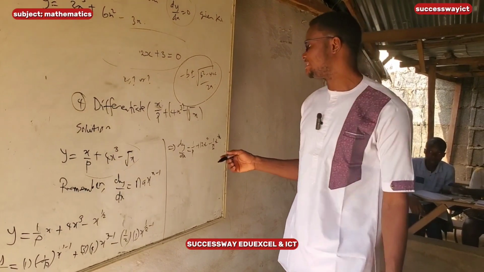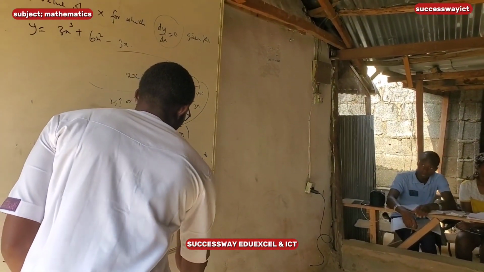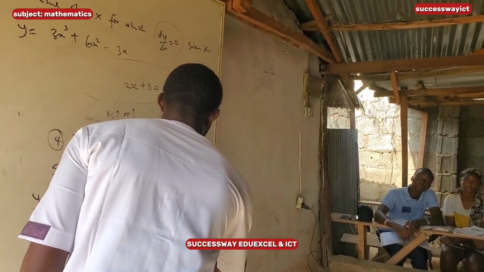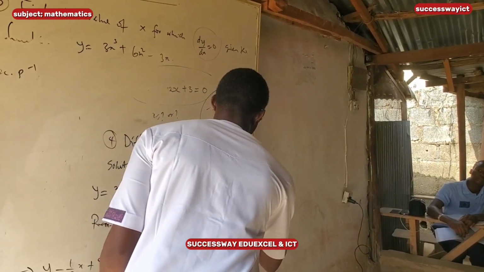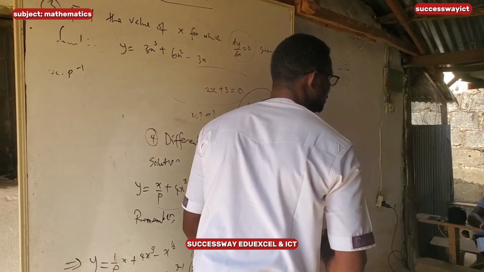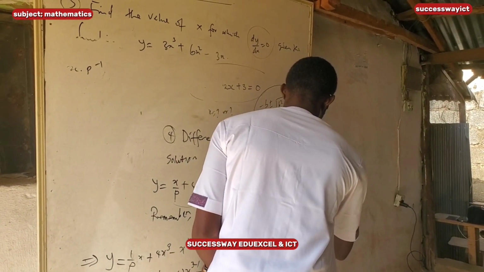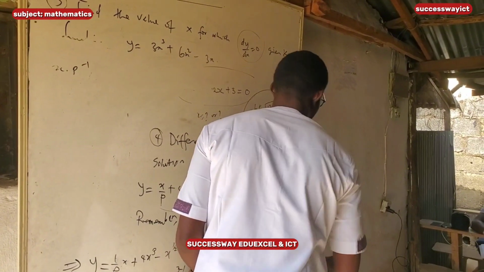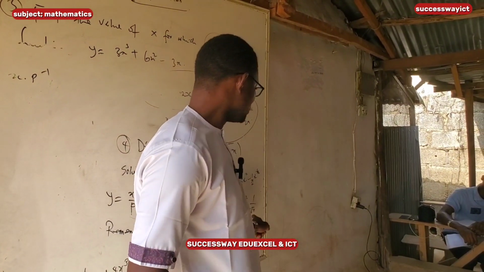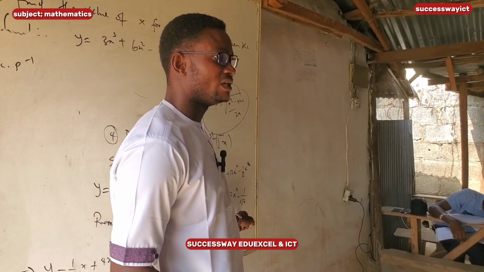So if you take this back into how it was, you have dy/dx equal to 1 over p plus 12x squared minus, putting this in root sign, 1 all over 2 root x. If you convert this to surd, you have this. Is that okay?